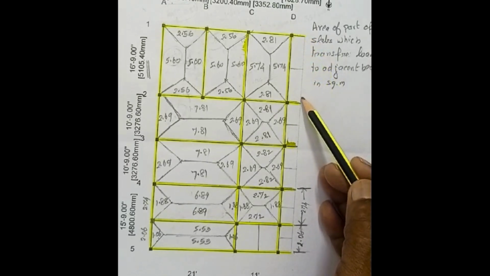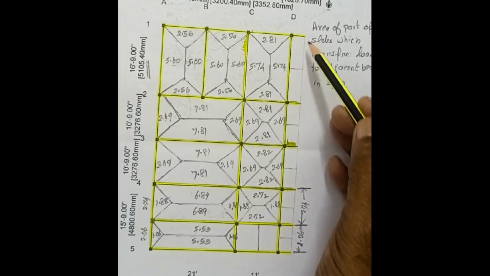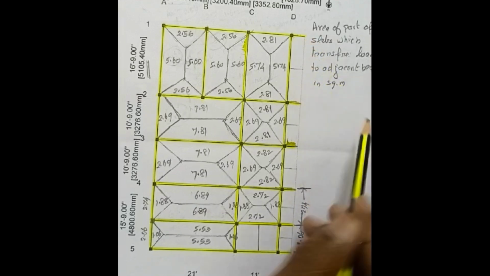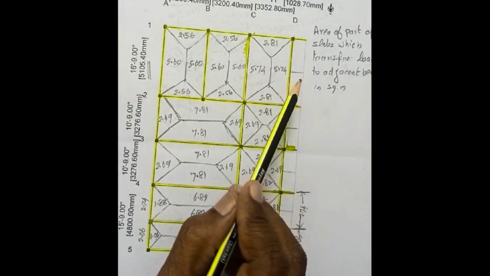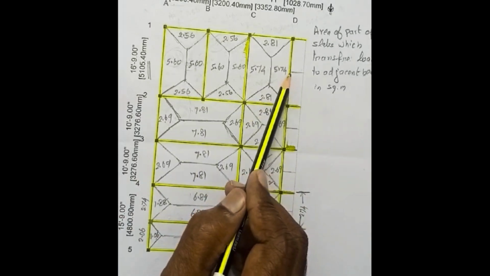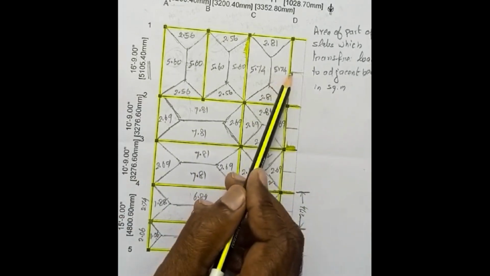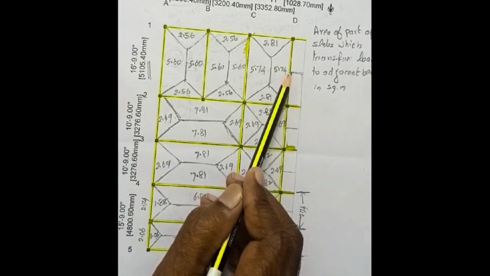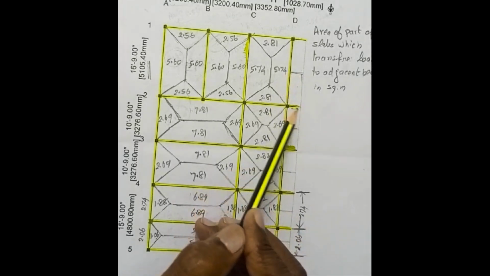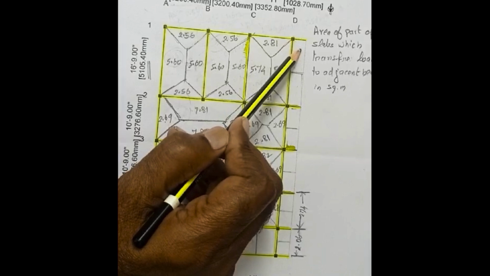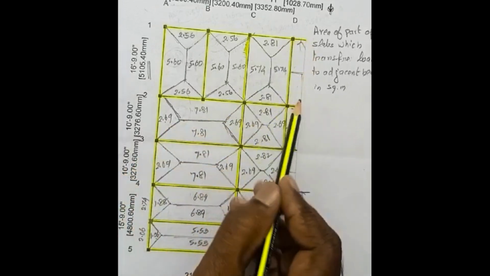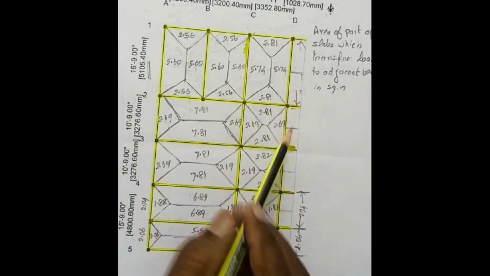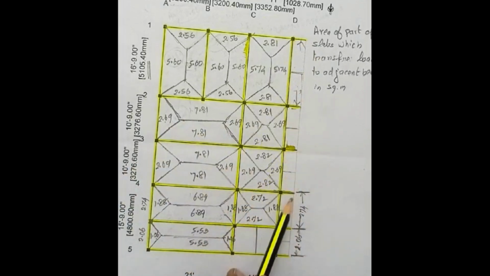And there is no beam on this side, this is the cantilever end. So the free end has no beam. For the assumption purpose, we are calculating that 50% of the area transfers the load to this beam and this 50% area transfers the load to that beam. Similarly in all the panels. Also this is a staircase area.